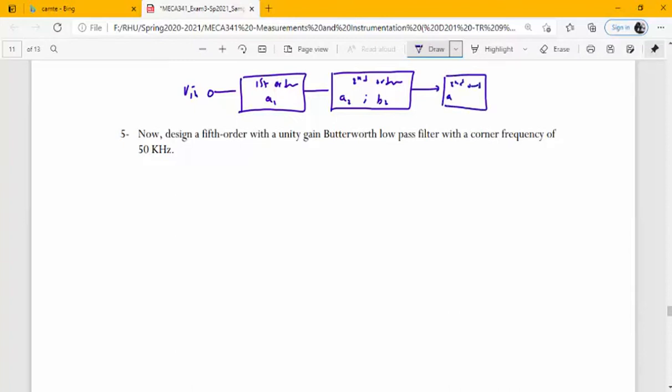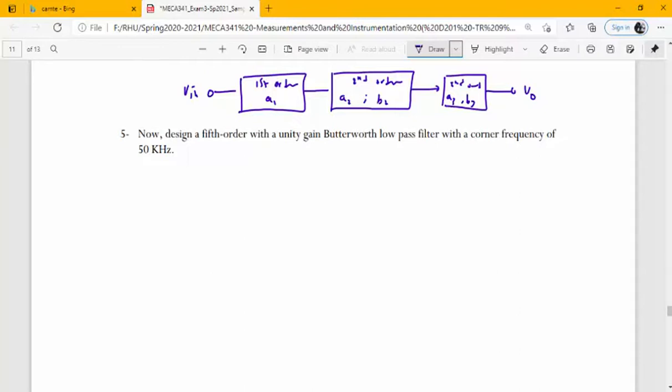We need to determine A3, B3, and we get the output. By cascading the first order with two second orders, we end up with a Butterworth low-pass filter of fifth order.